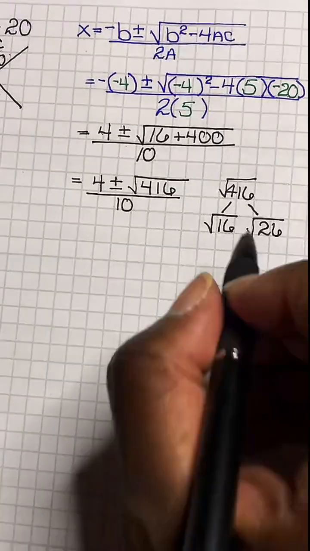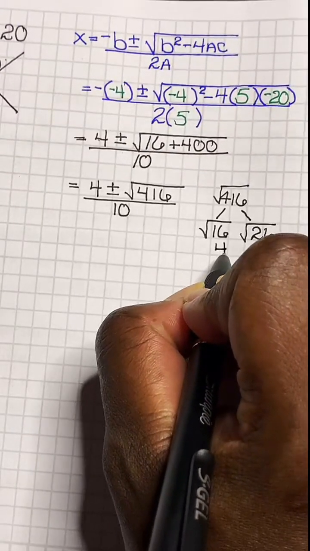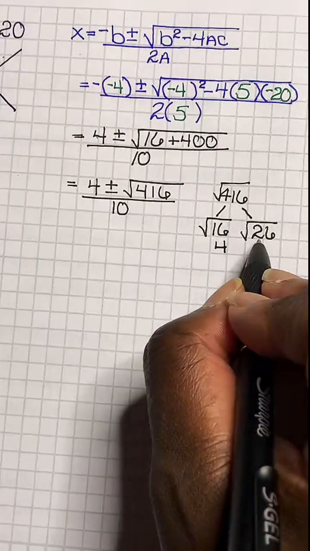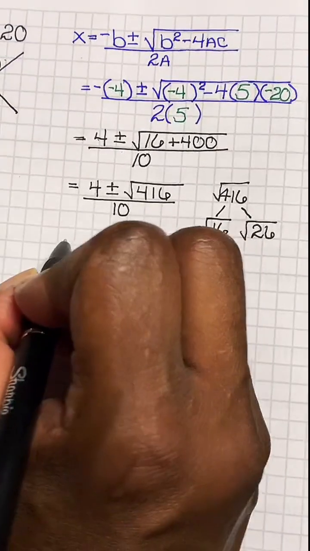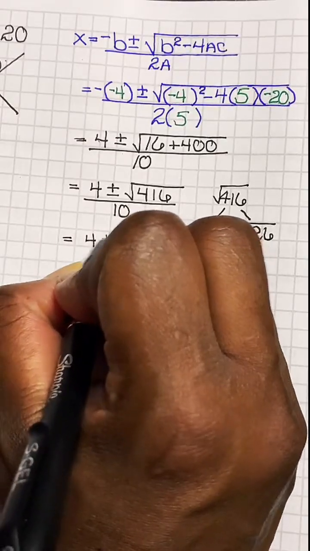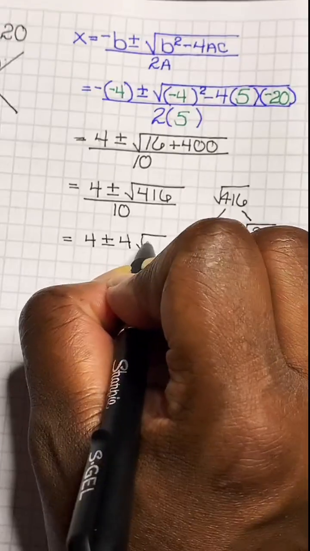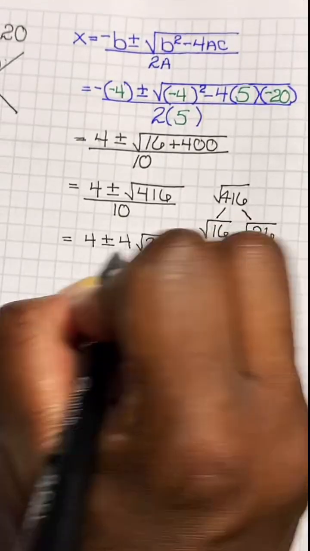Okay, so the square root of 16 gives me 4. Square root of 26, prime, can't do it. So that means I have 4 plus or minus 4 square root of 26, over 10.